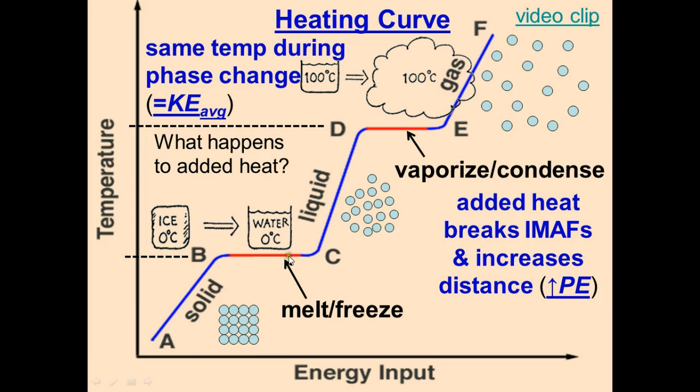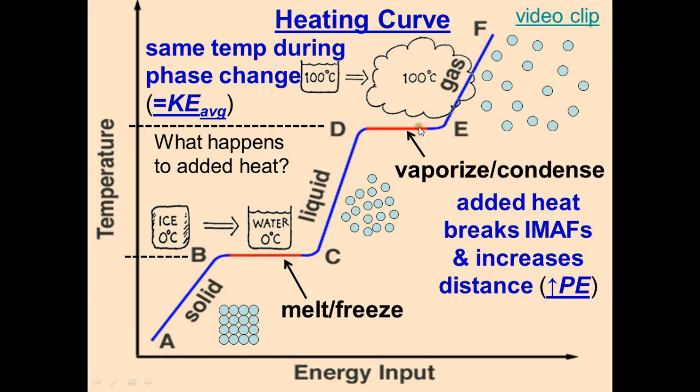So when we're here, the heat that we're heating this water up with is used to break the little IMAFs attracting these molecules so they can space out more. So the temperature does not change because they don't move any faster. We're just breaking little IMAFs.